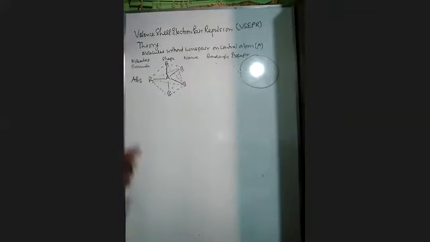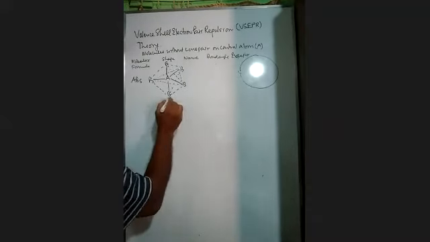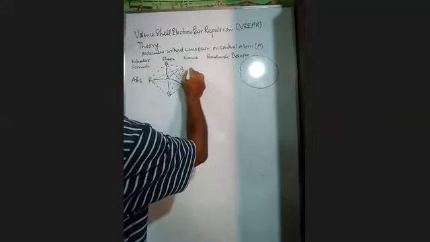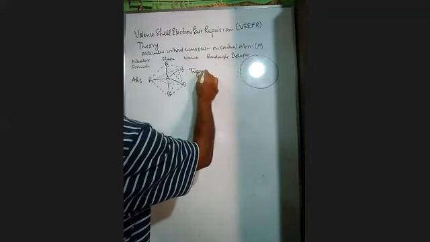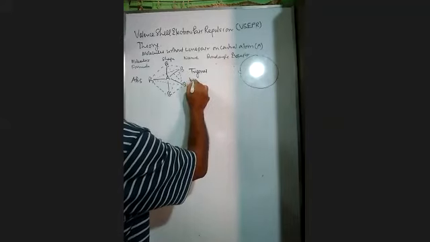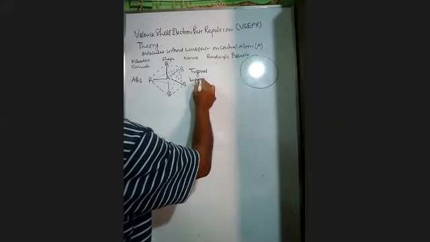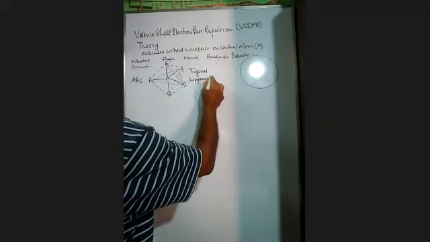These are called, the name is trigonal pyramidal. Trigonal pyramidal. See, you've heard of the pyramid.